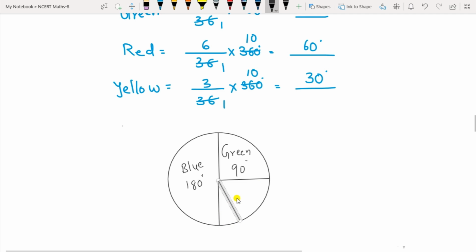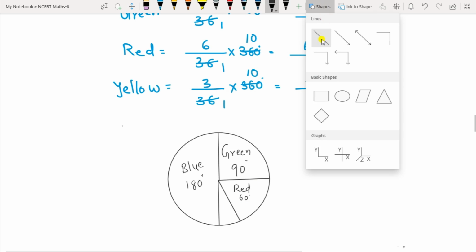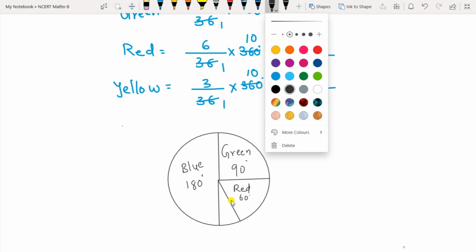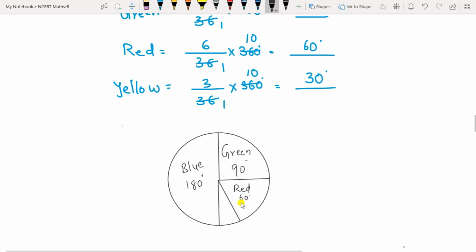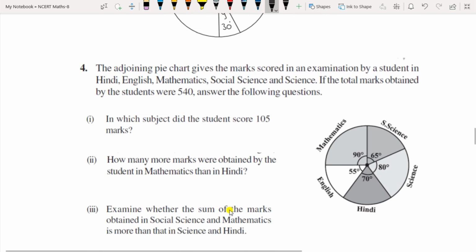So that is the angle of 60. This one, that is red, is 60 degrees. You have to draw it with the protector. And this one is yellow. Y is 30 degrees. So this way you have to draw the pie chart.